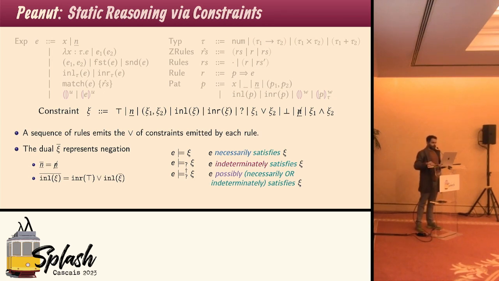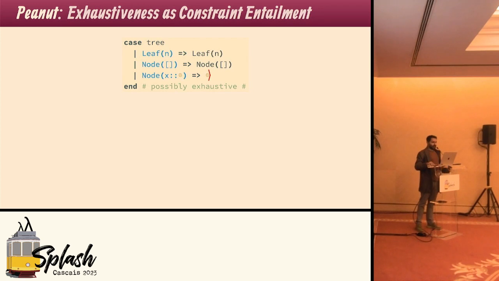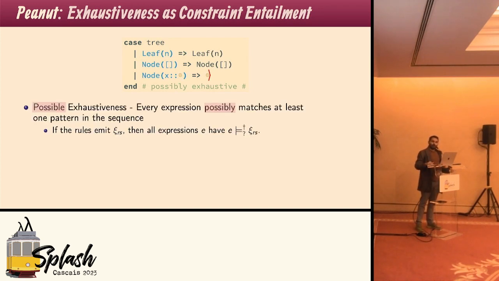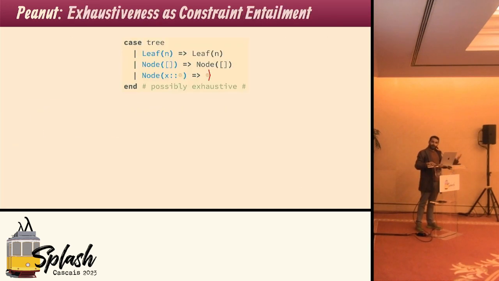Okay, so how can we reason about exhaustiveness? So for example, this possibly exhaustive case from earlier. The way to think about this is a sequence of rules will be possibly exhaustive if every expression possibly matches at least one pattern in that sequence. And so we can write that in terms of the satisfaction judgment.